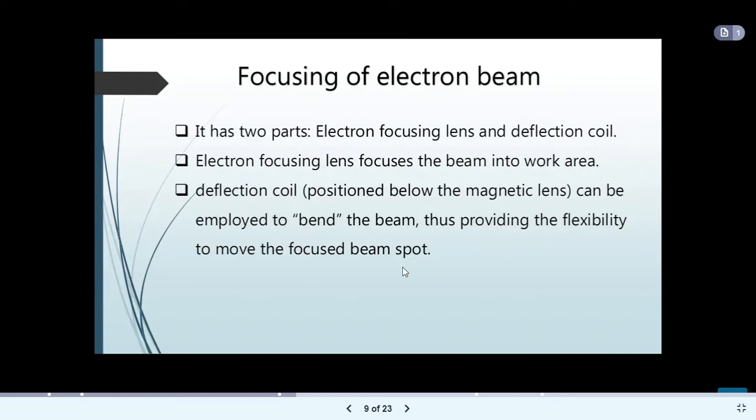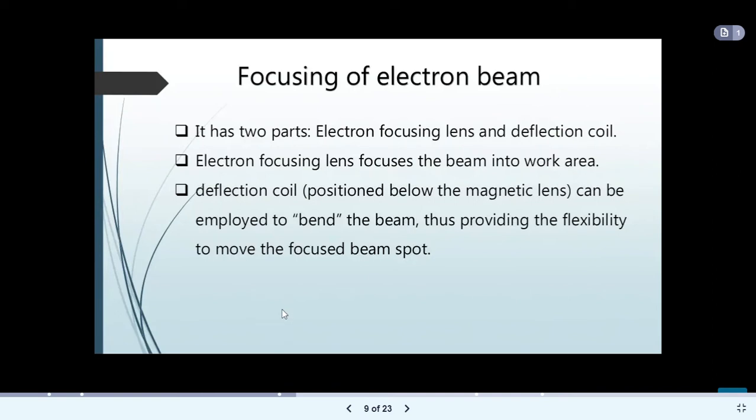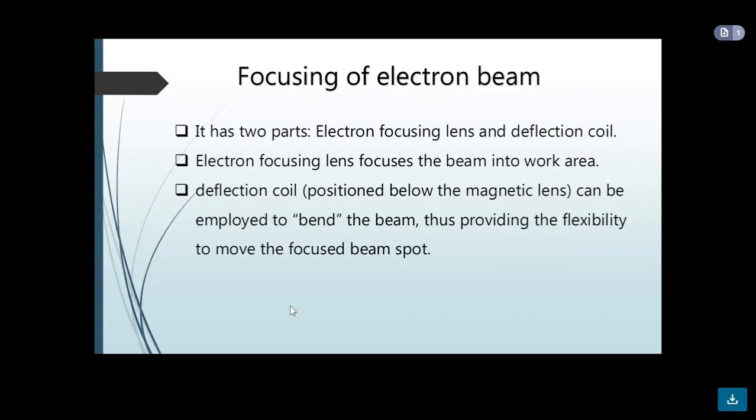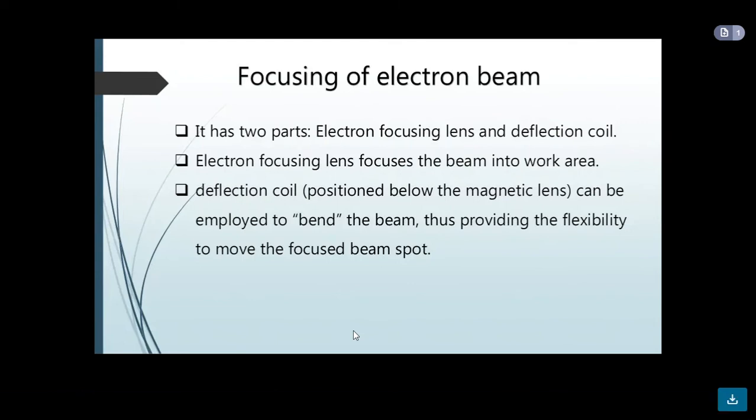As the focusing coil is used to focus the electron beam, the deflection coil is used to move this focused beam. Suppose first of all we are applying the electron beam at this place here, and after that we need to apply this electron beam here also. So by using a deflection coil we can deflect this beam. Okay, so this is the function of the deflection coil.